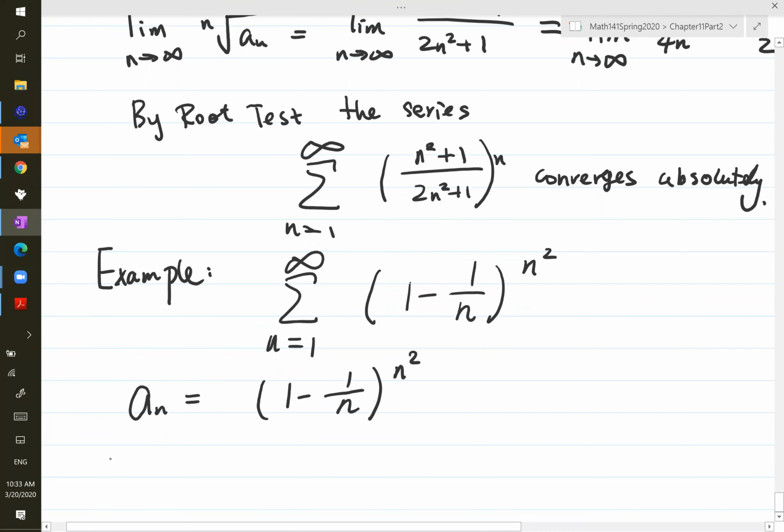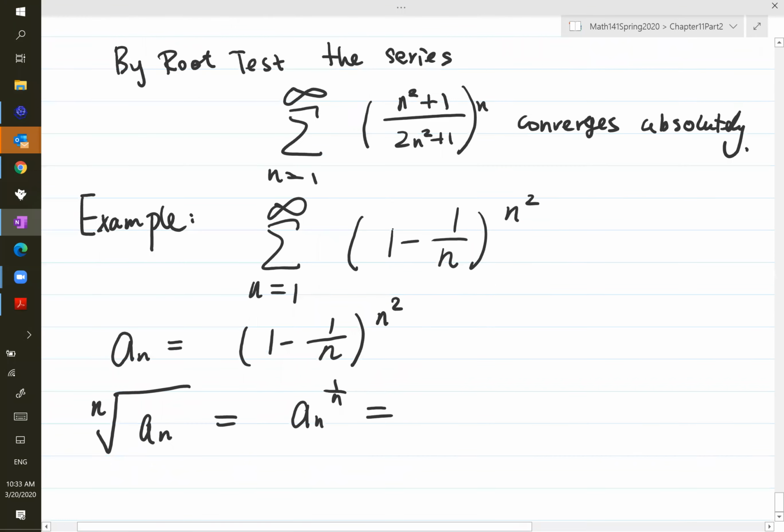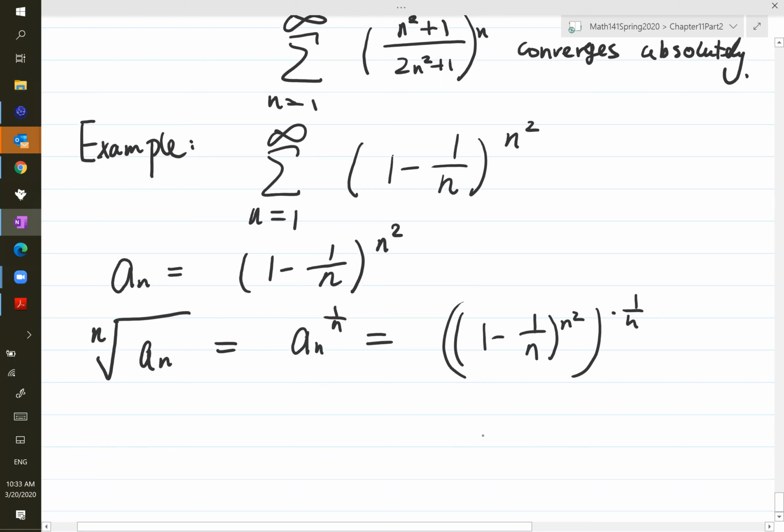Take the nth root of the absolute value of a_n, which is positive. The nth root is a_n to the power 1 over n. So this will be n over (n plus 1), to the power n squared times 1 over n, so this will be to the power n.